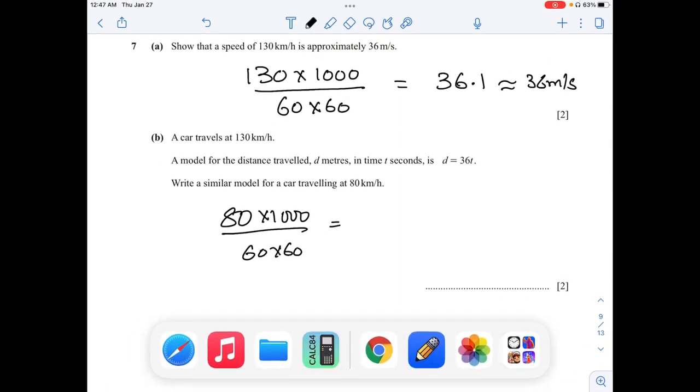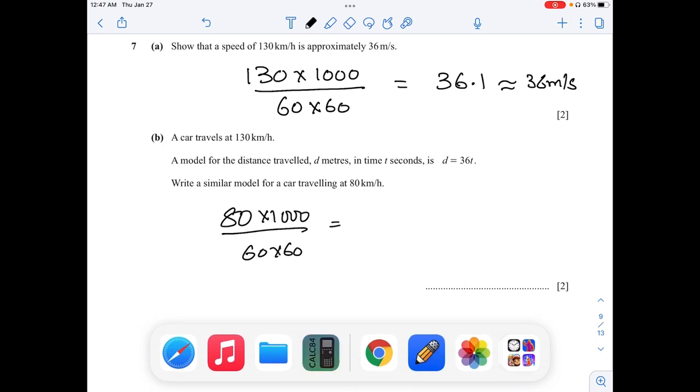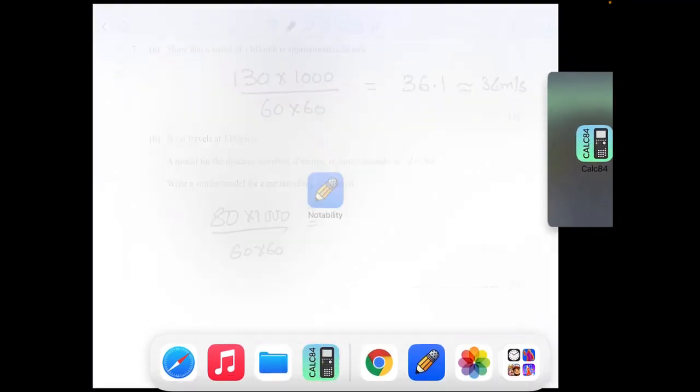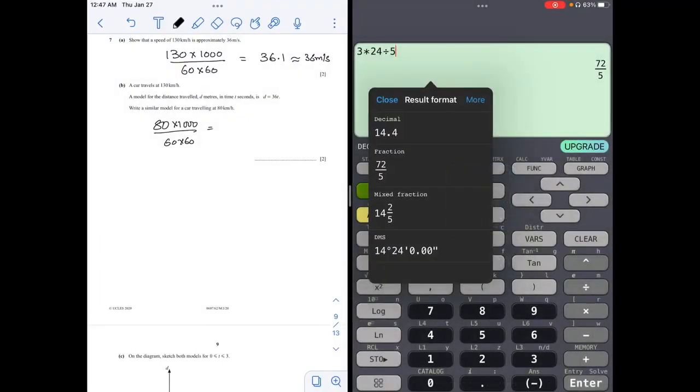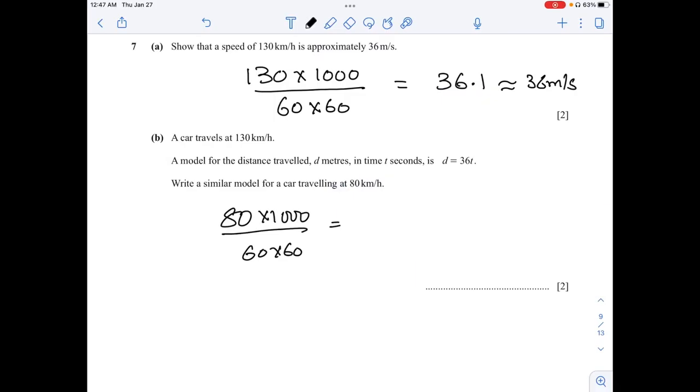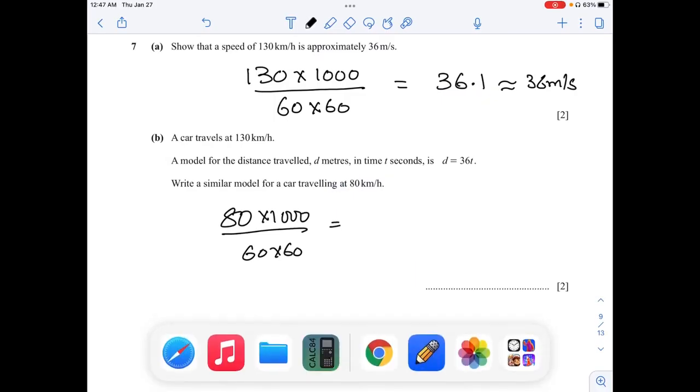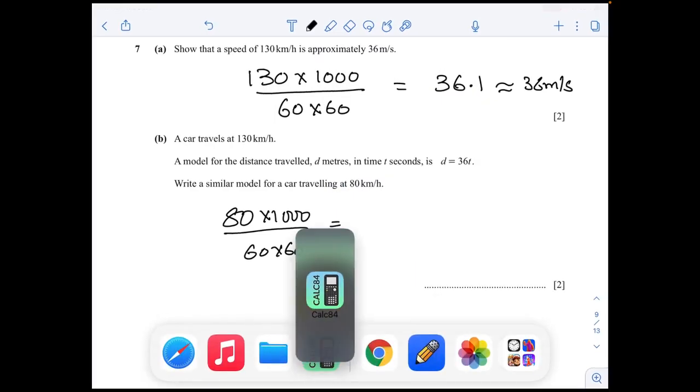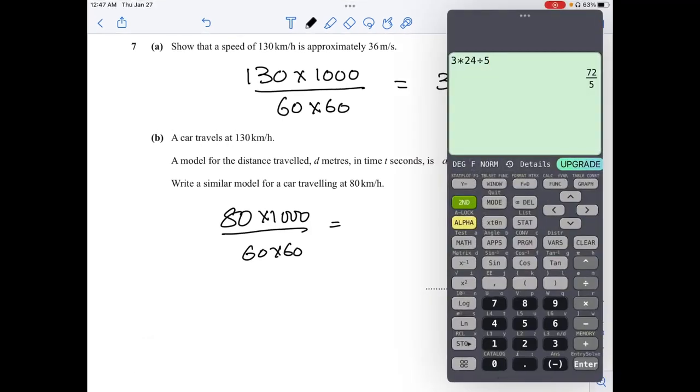Just to show you, I can do this by calculator: 80 times 1000 divided by 60 divided by 60.